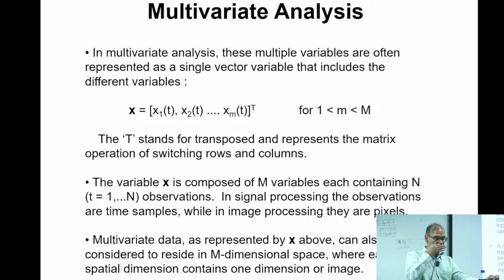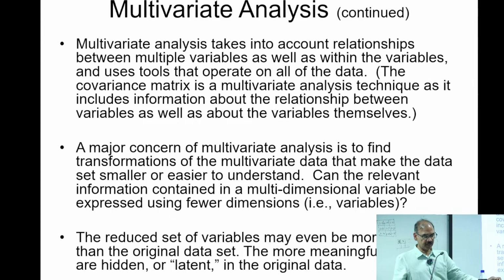Multivariate analysis takes into account relationships between multiple variables as well as within the variables, and uses tools that operate on all of the data. The covariance matrix is a multivariate analysis technique, as it includes information about the relationship between variables as well as about the variables themselves.